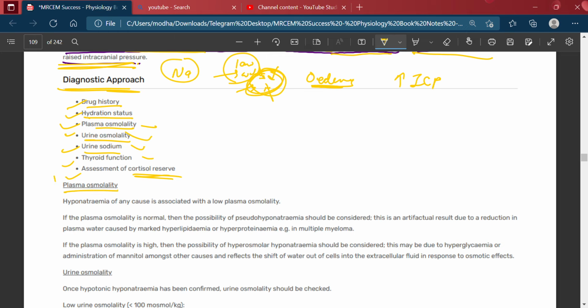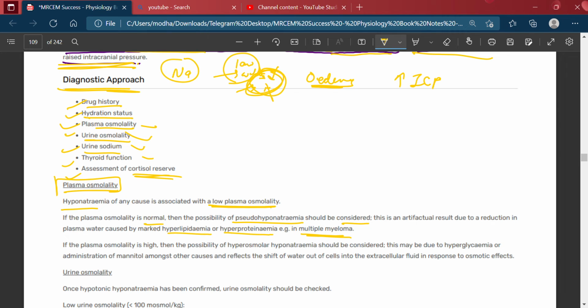In the plasma osmolality, hyponatremia of any cause is associated with low plasma osmolality. If the plasma osmolality is normal, then the possibility of pseudohyponatremia should be considered. This is an artifactual result due to the reduction in plasma caused by marked hyperlipidemia or hyperproteinemia, as in multiple myeloma.